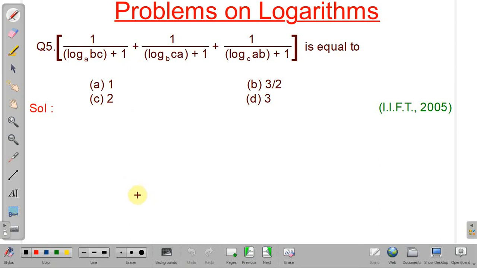In this problem, we have to find the value of the given expression.